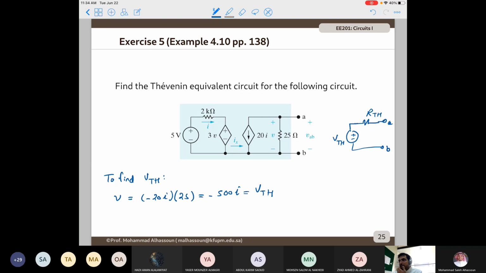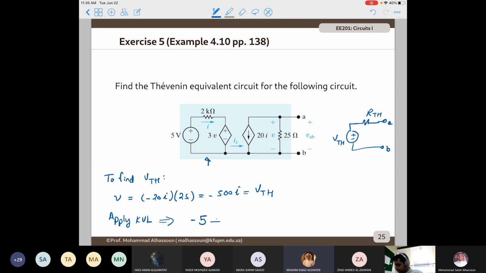So we need to find I. In order to find I, we need to apply KVL in this loop. So if we apply KVL, what should we get? Ibrahim?